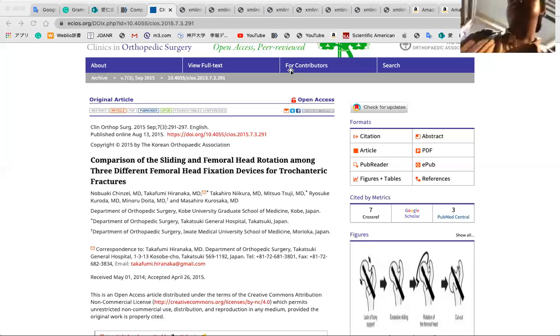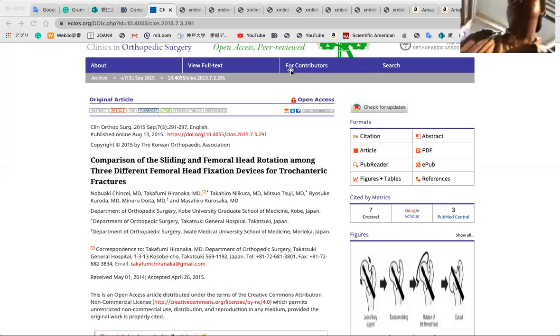But even using a 3D CT, anteversion is underestimated due to the unique morphological characteristics of the femoral neck. As I said before, the femoral neck center is not aimed at the center of the femoral shaft. It goes anterior to the femoral shaft.